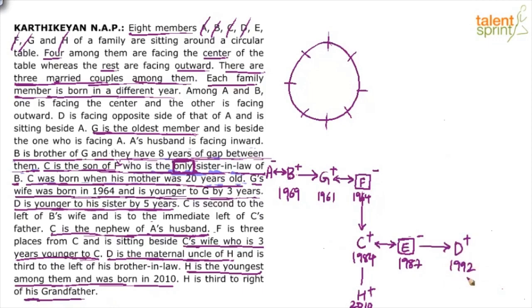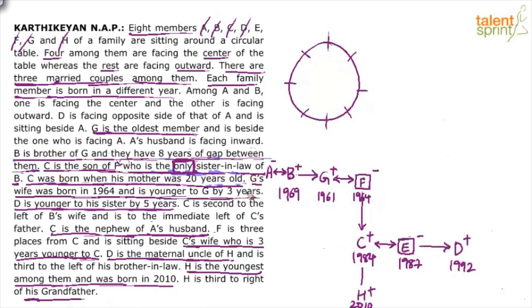Only A's age is pending. Do we know A's age somewhere? Somewhere it must be given. A is the wife of B, right? Is there anywhere given about A and B? Among A and B, no. G is the oldest member. A's husband is facing inward. B is the brother of G. C is the son of sister-in-law.